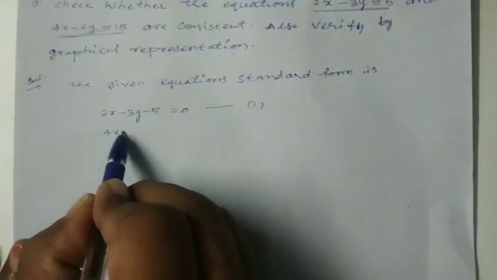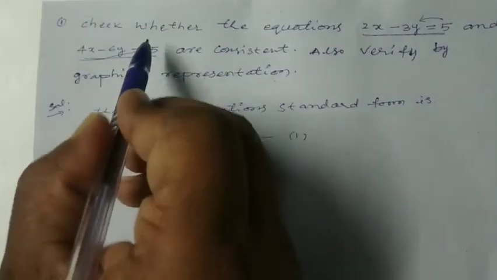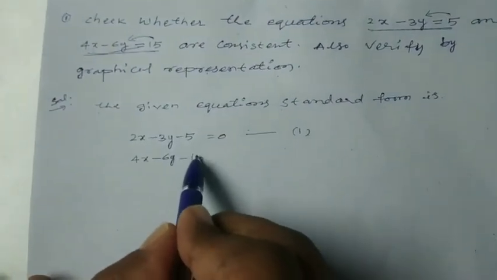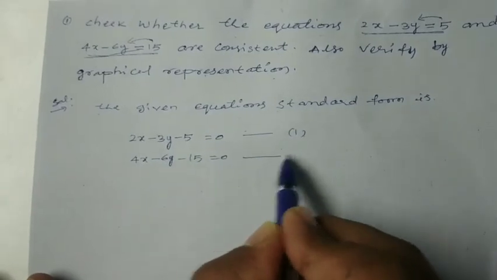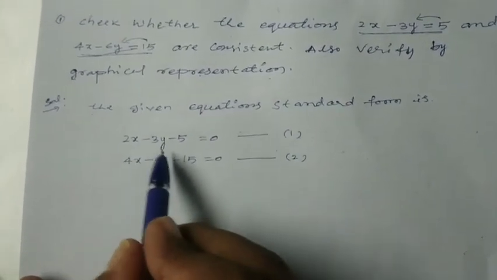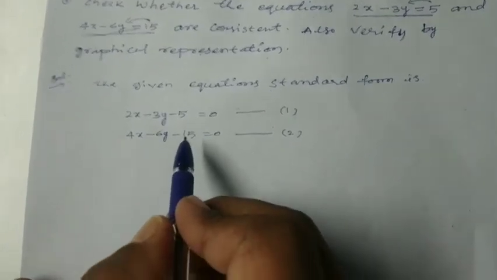4x minus 6y, 15 transfer to the LHS, it will change as minus 15 equals 0. This is the second equation. Now they are in standard form, that is ax plus by plus c equals 0.